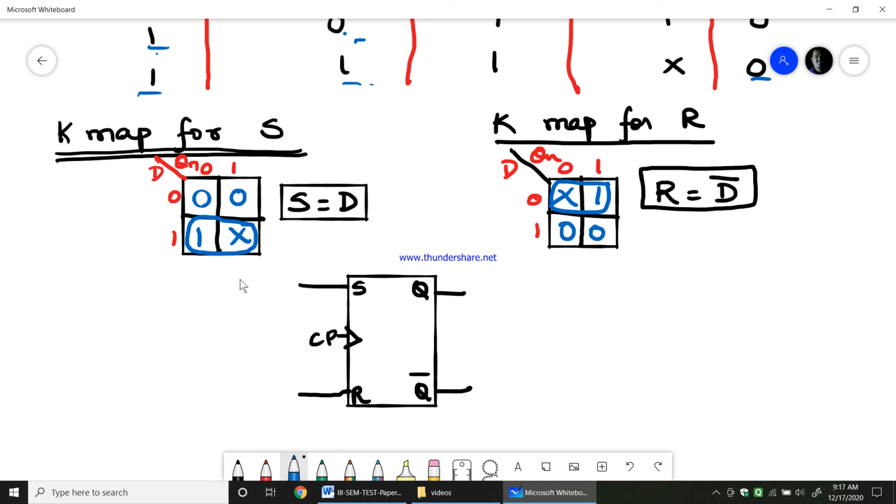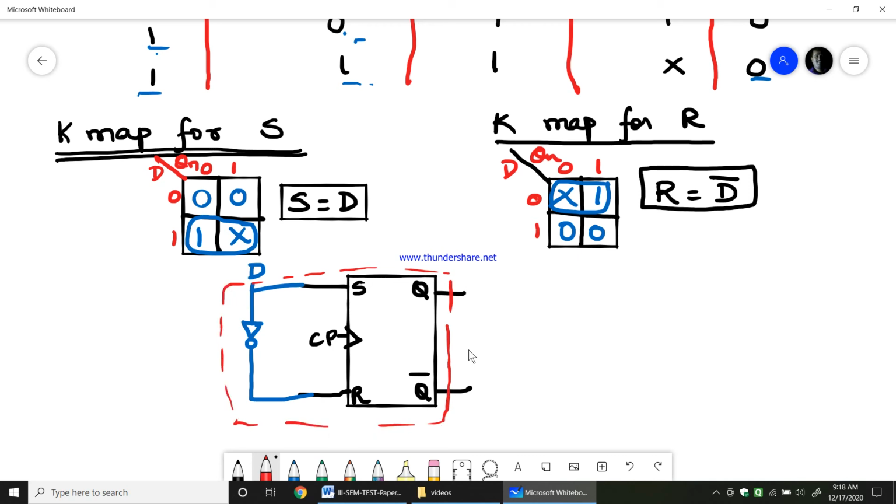Therefore I will take some input D here, which I connect through a NOT gate to R, whereas I connect it directly to S. Therefore this is an SR flip-flop. Now, due to this connection, this whole combination will work as a D flip-flop. This is how we convert from one flip-flop to another flip-flop.